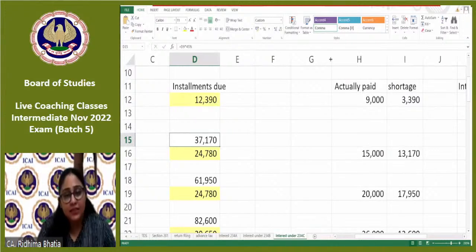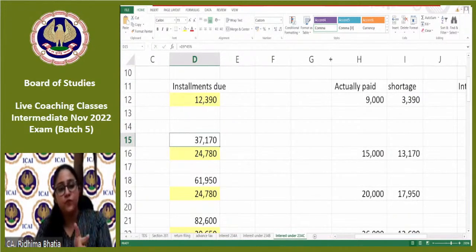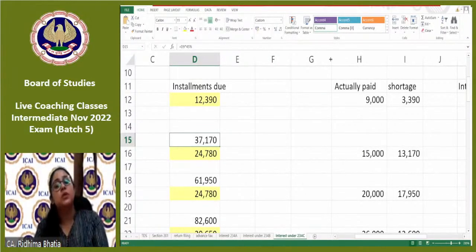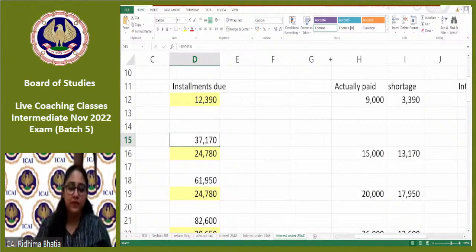Jyoti, for the last installment, we are taking 1 month because वो calculate हो रहा है only from 16th. How much is the shortfall for how many months? From 16th March to 31st March only. Part of the month हो गया, so full month ले लिया, 15 days. Why we are not calculating after April? Because April से 234B is getting calculated. That's why.